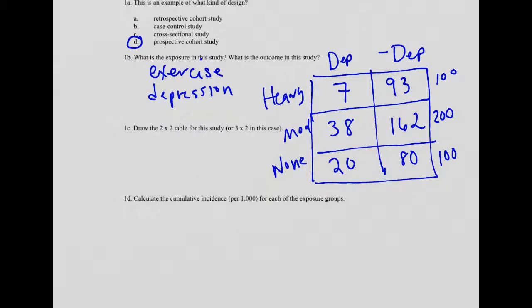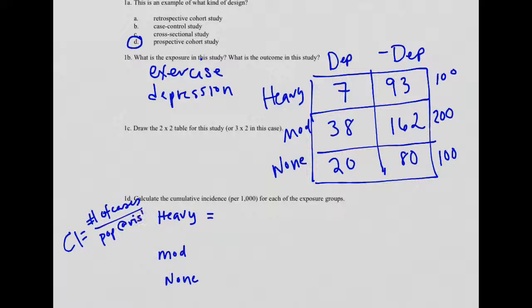So then it's asking us to calculate the cumulative incidence per 1,000 people for each of these exposure groups. So here we're going to calculate 3 different numbers: our heavy exposure, our moderate exposure, and our non-exercise exposure. So in heavy, let's remember, cumulative incidence is number of cases over population at risk.